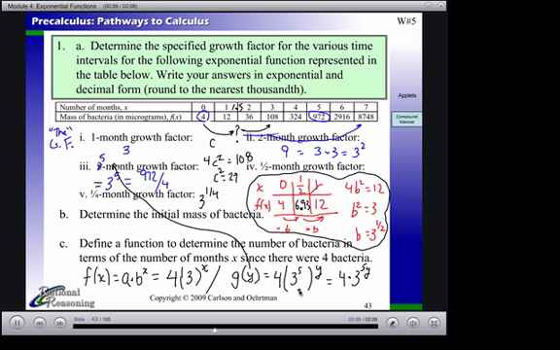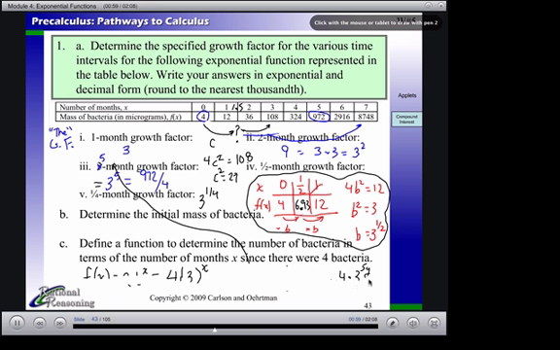H of t is the same bacteria where t is the number of years. Can you do it? H of t. Initial amount?